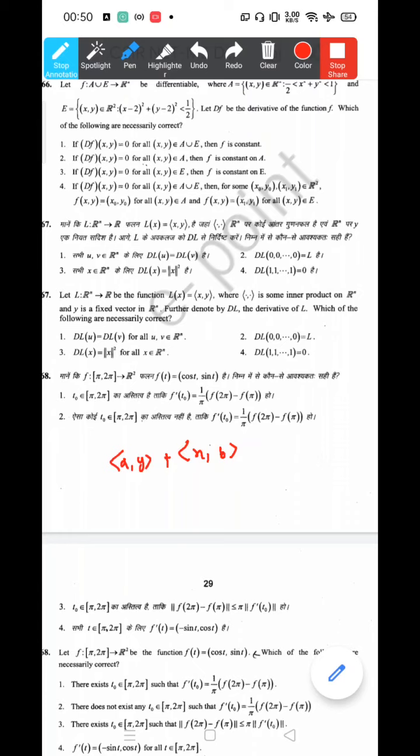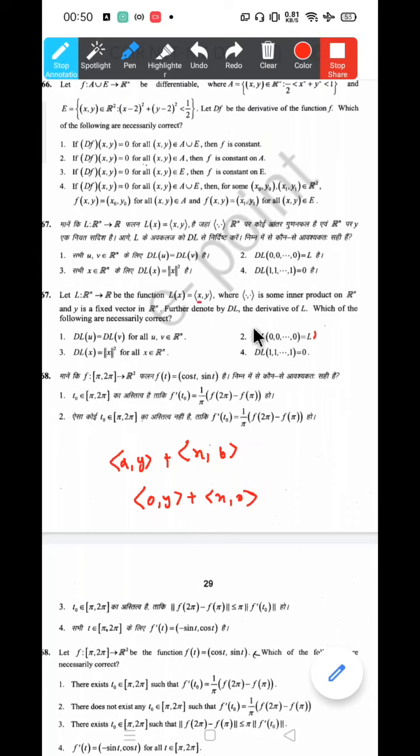So if I put 0, but they are giving only one vector. So it means if I put my e is 0, if I input my h is 0, then this will be x0, that is your xy again.